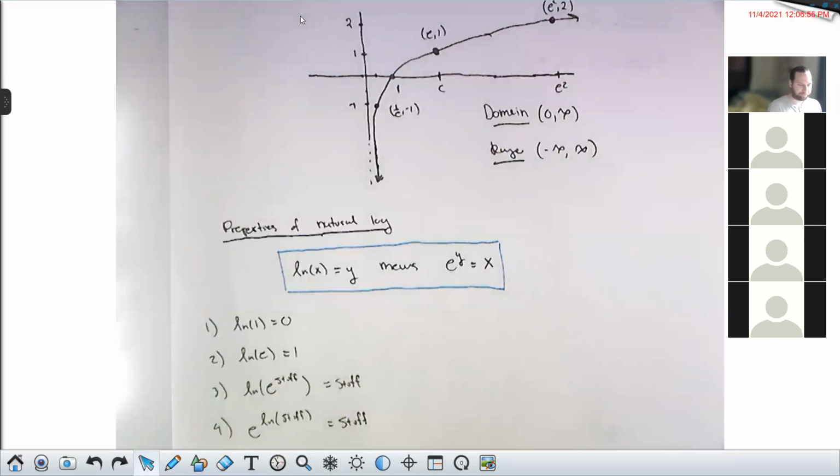I think it wouldn't be a bad idea for us to play a little bit with evaluating natural logs, again, just practicing the notation really. And then I want to do one problem where you find the domain of a logarithm function using algebra, rather than looking at the graph.